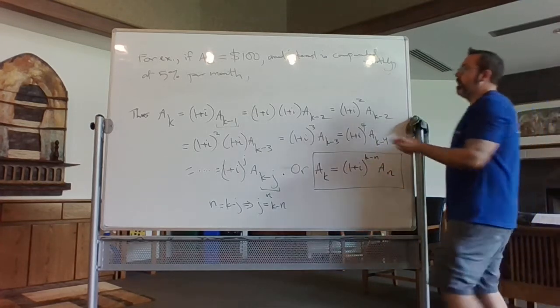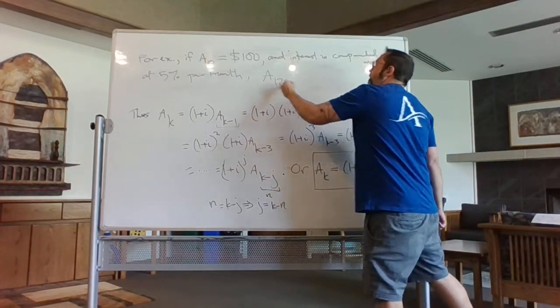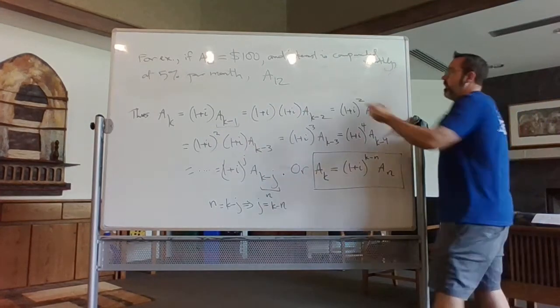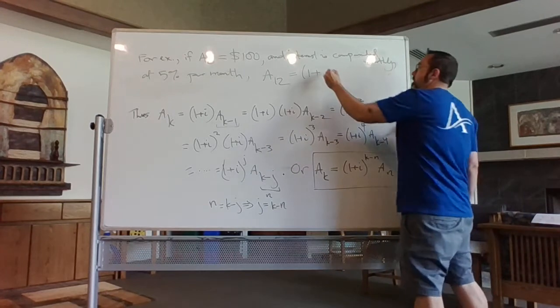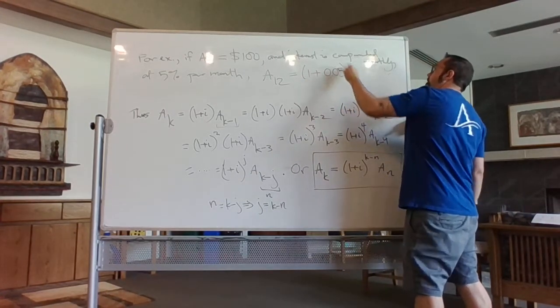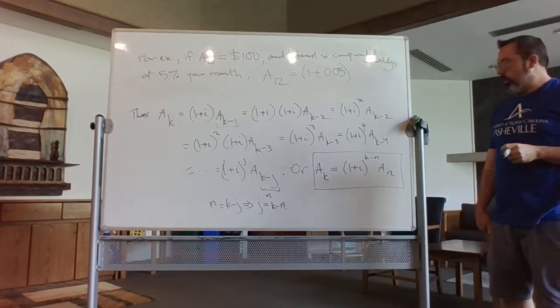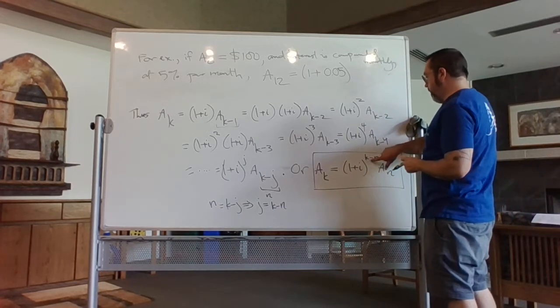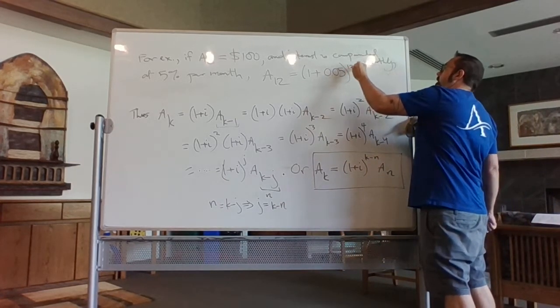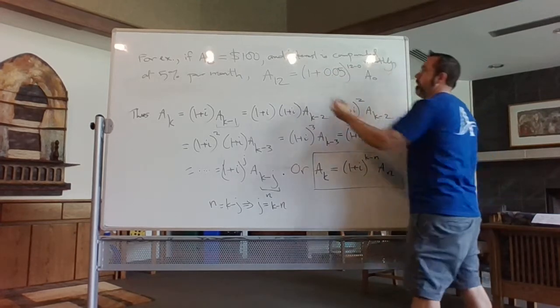Let's see. After a year, we've gone 12 months later, compounding at 5% interest means 1 plus 0.05, and then k minus n will be 12 minus 0, times a0.